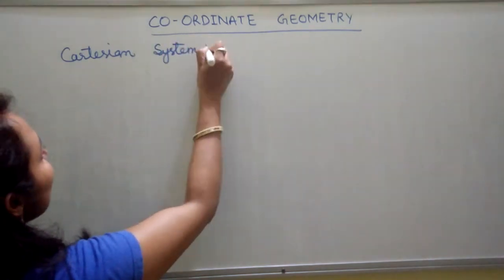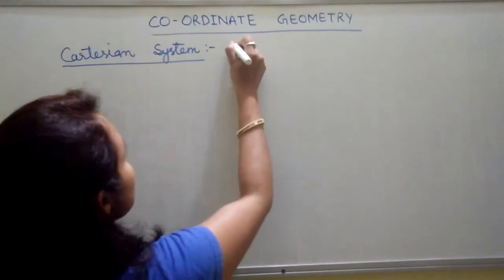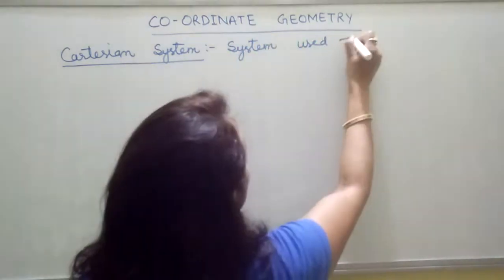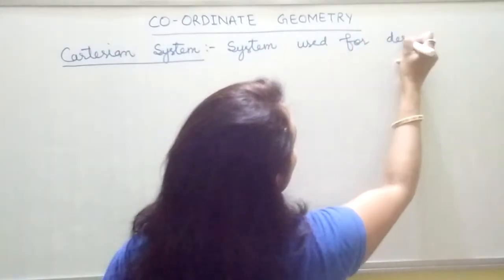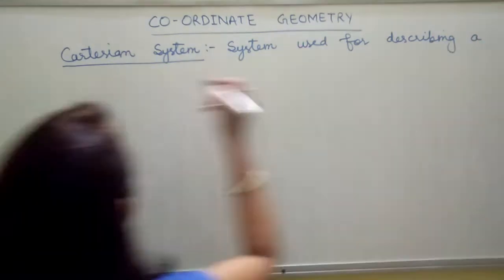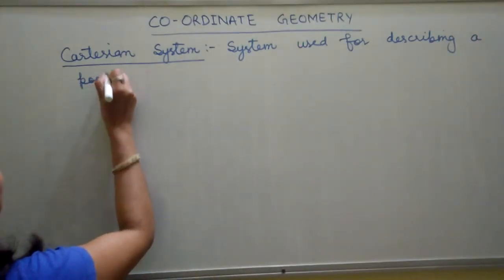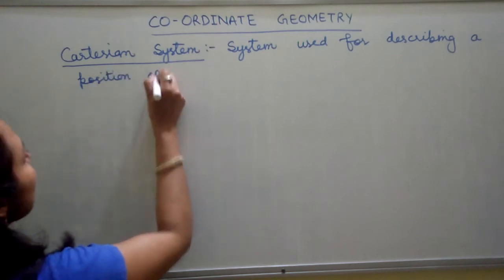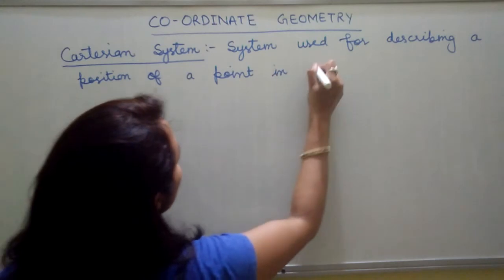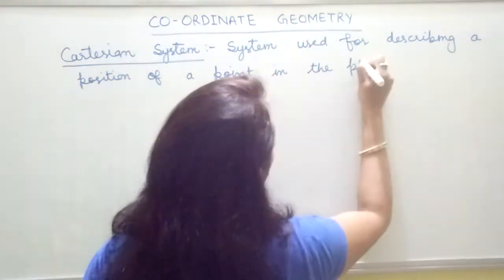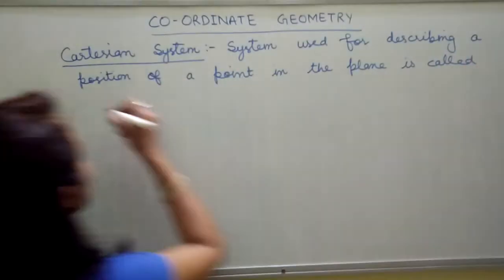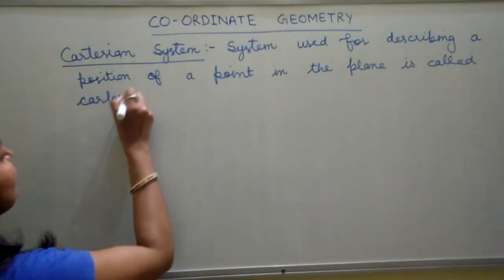What is the definition of Cartesian system? The system used for describing a position of a point in the plane is called the Cartesian system.